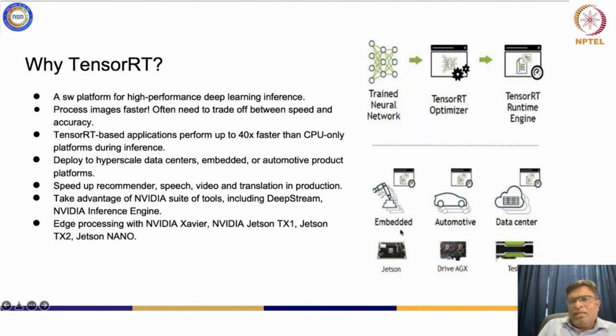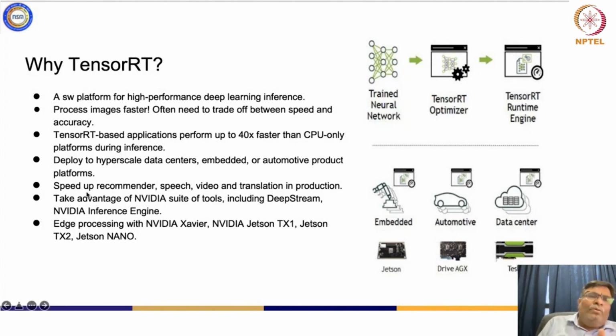So you have Jetson, which we are working with, you have Drive AGX, which you can work with for automotive, and then you have Tesla, basically in the data center. So with TensorRT, you can optimize your model and deploy it anywhere. That's what it means, right? It will be optimized according to where it is running.